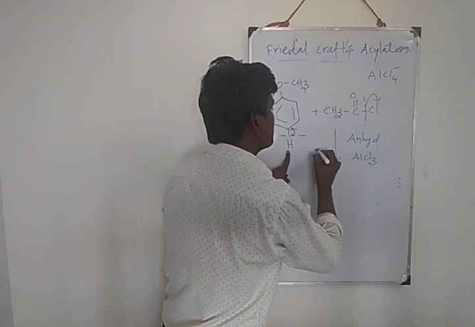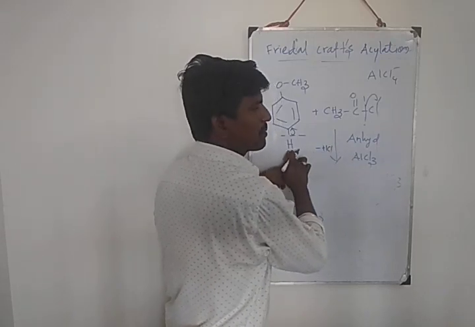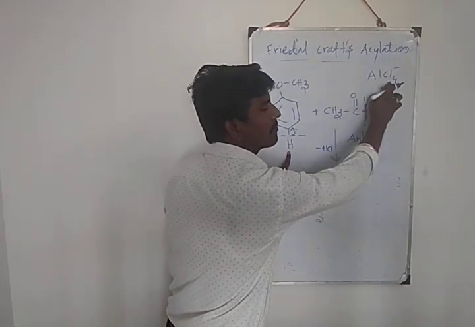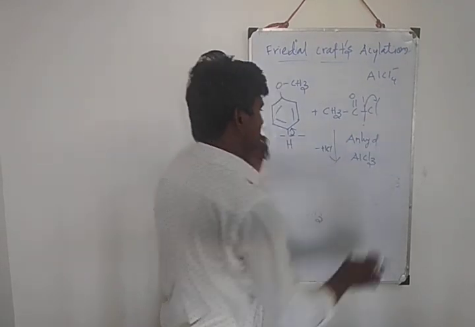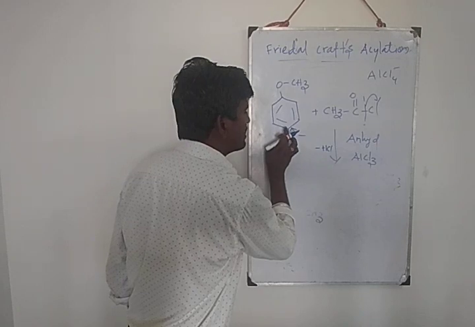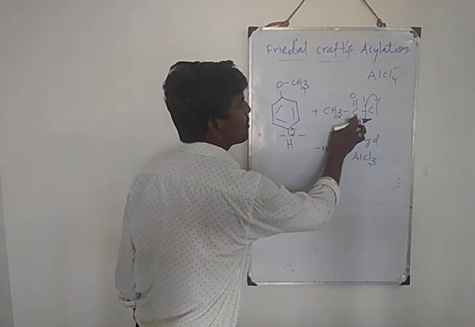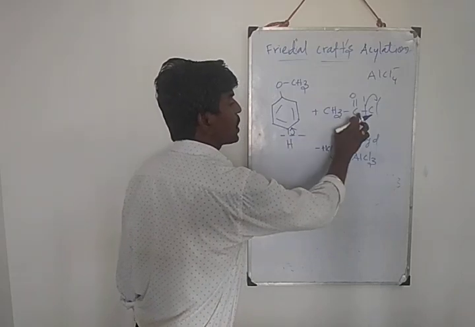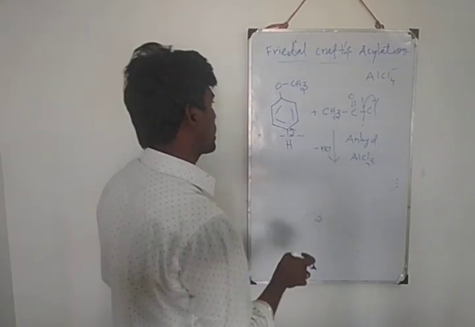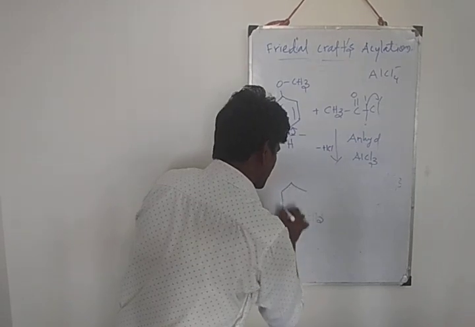It becomes HCl and is removed, so the remaining is AlCl3. Now what's the charge of this carbon? C minus. This carbonyl carbon is plus. So bond formation between the carbonyl carbon and the phenyl carbon, and you can get the para product.